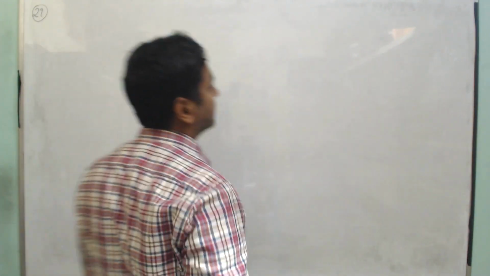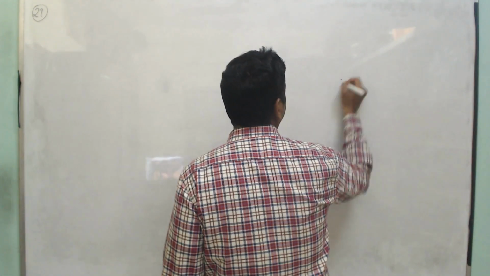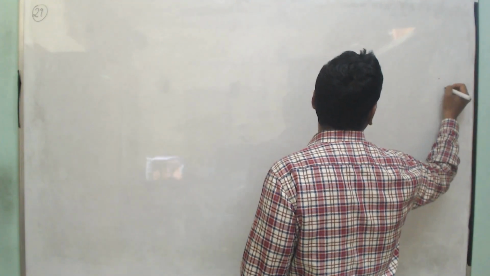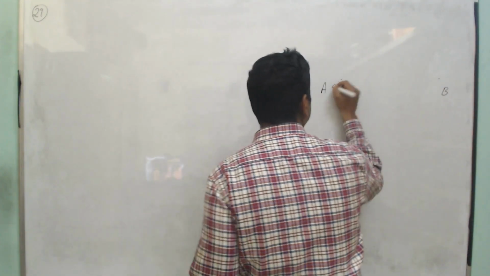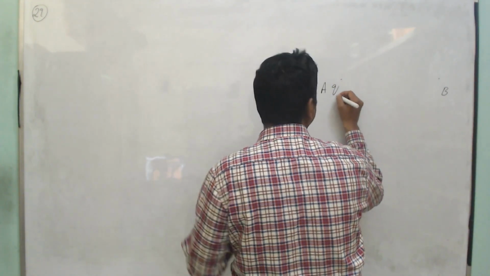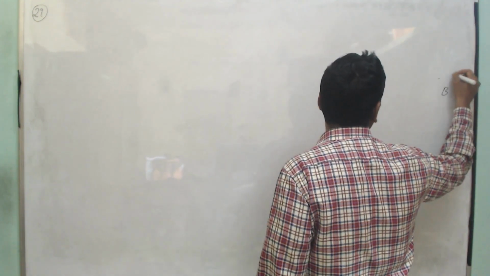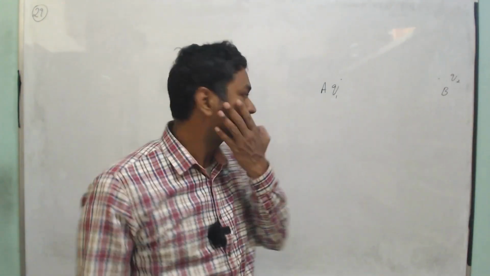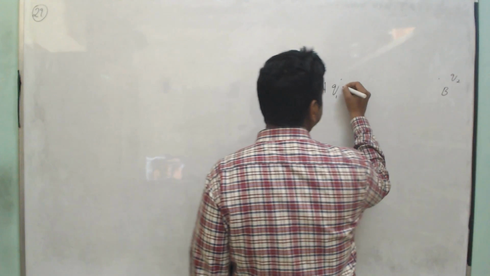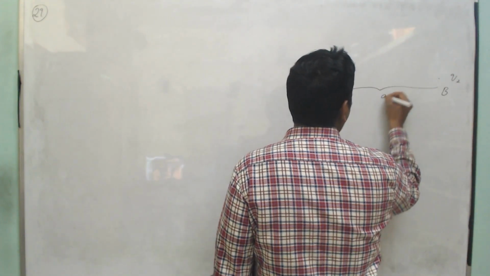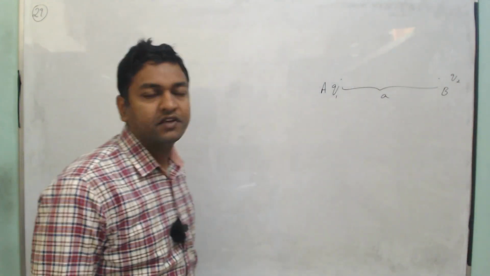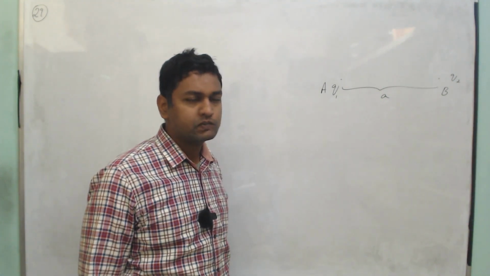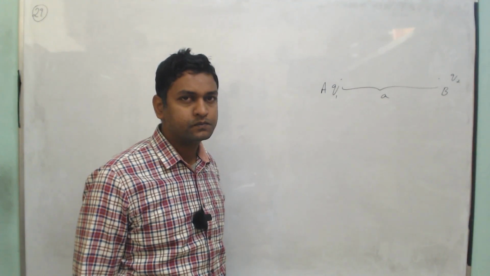Let us say we have 2 point charges at points A and B. Let the charge over here be Q1 and the charge over here be Q2. The charges are placed at a distance of a from each other.